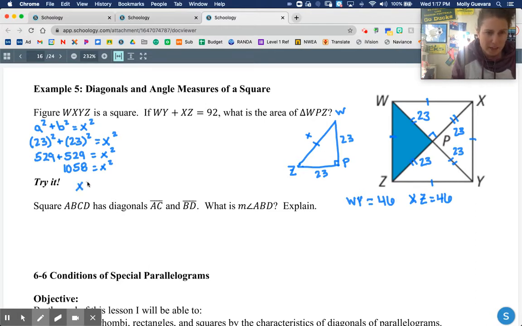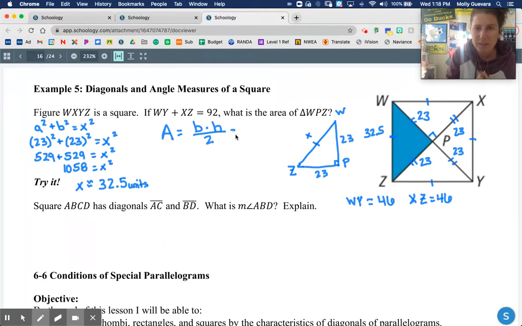And then I get X is about, let's kind of round it to the nearest half. I have 32.52. So let's just do 32.5 units. Great. 32.5. Okay. Now I can find the area of this triangle. Hopefully you remember that area is equal to base times height divided by 2.